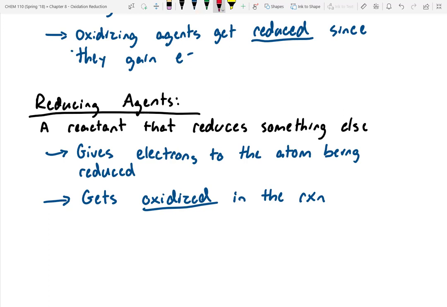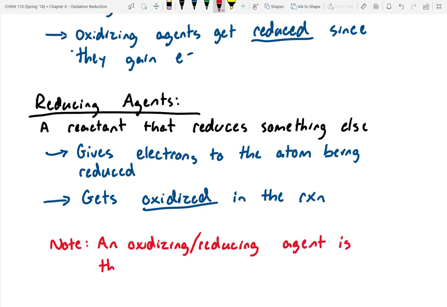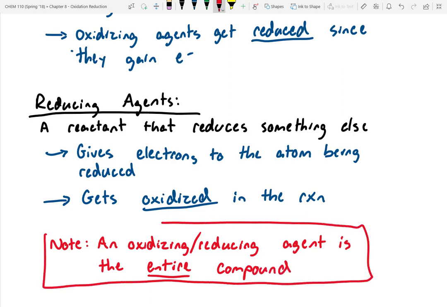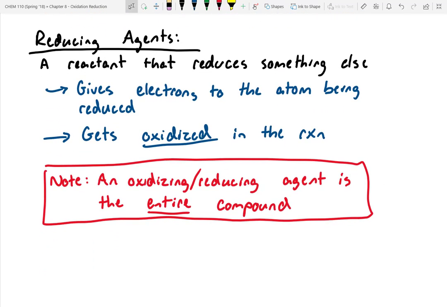I will make a note too. An oxidizing or reducing agent is an entire compound. When we were looking at redox chemistry yesterday, we were talking about individual atoms being oxidized or reduced, but when we're talking about oxidizing agents or reducing agents, we're talking about the overall compound.